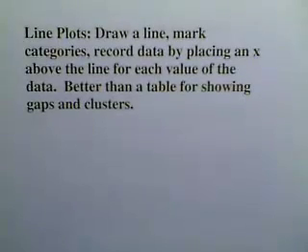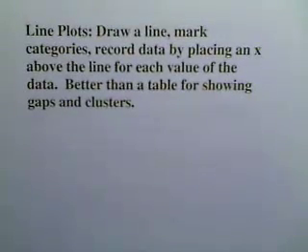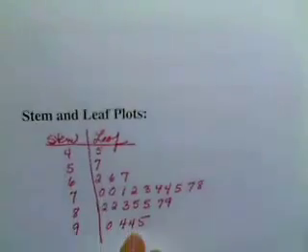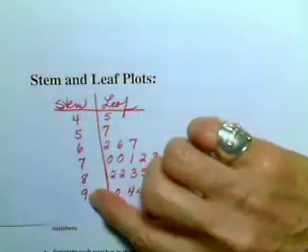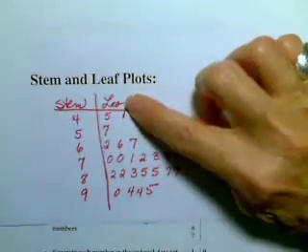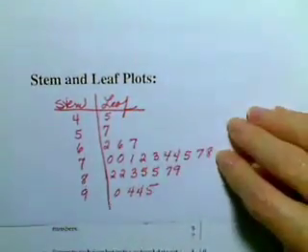The next plot we want to look at is the stem and leaf plot. They too preserve the original data, so that if we're looking at numbers, the stem part of that number would represent the tens place of this, and the leaf part would represent the ones place.